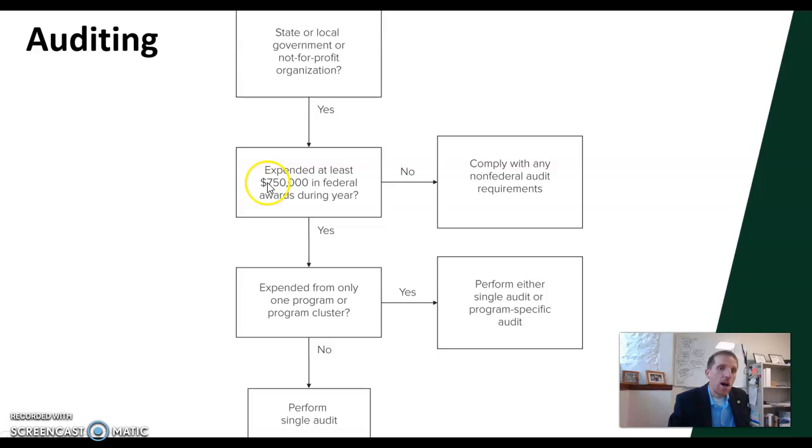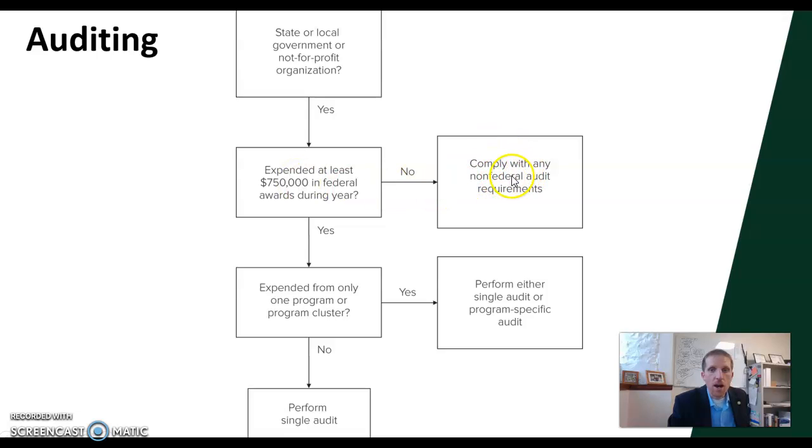If you received $800,000, but you only spent $700,000, well, that expenditure didn't surpass the $750,000. So it's the expenditures that we're after here.